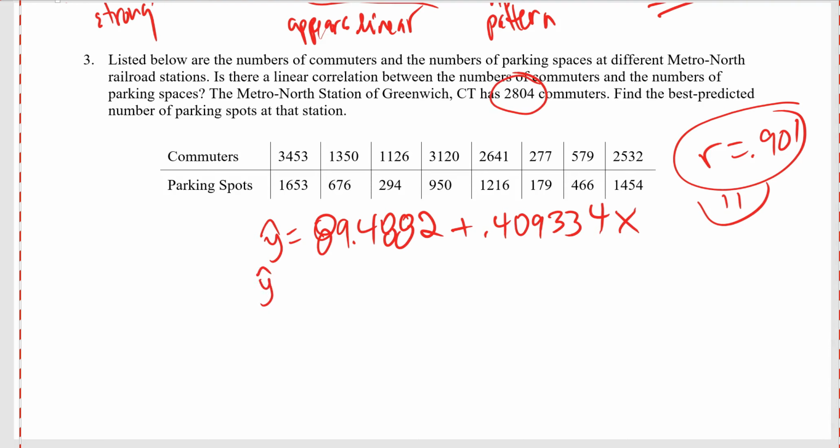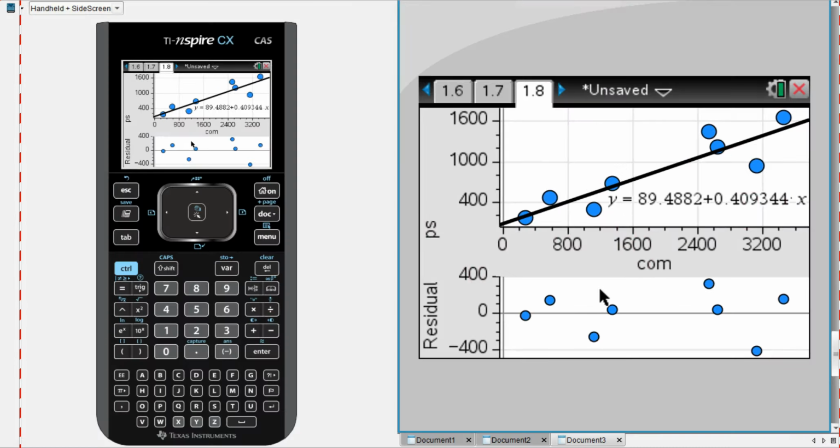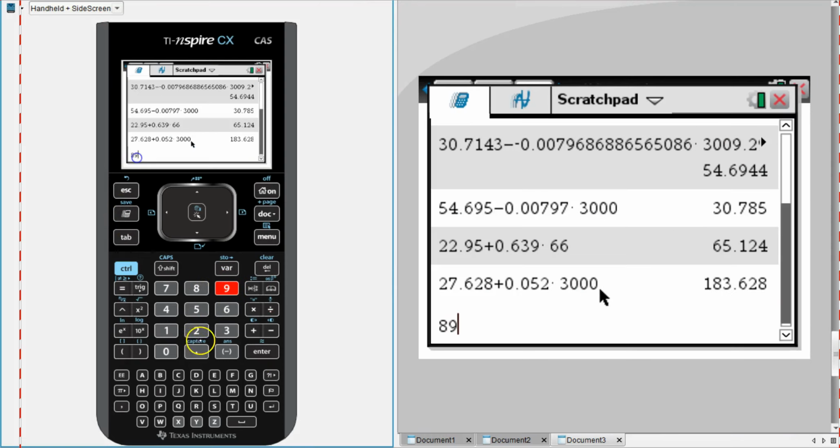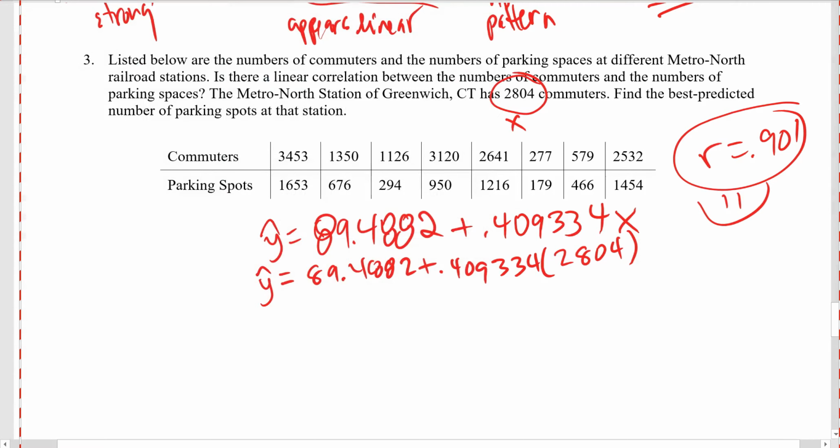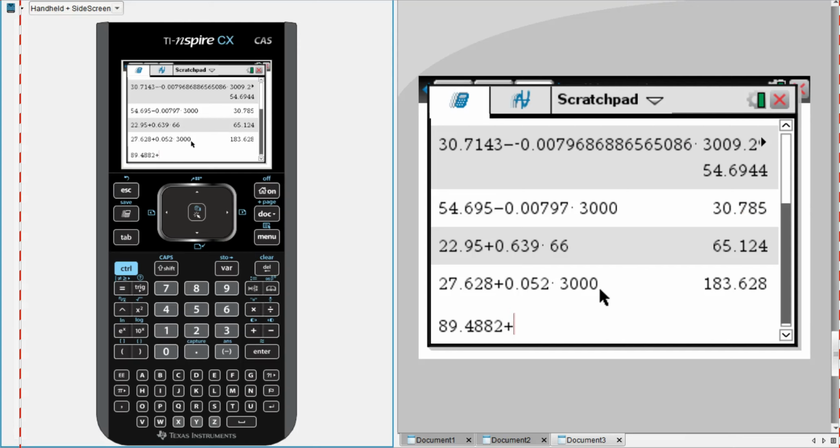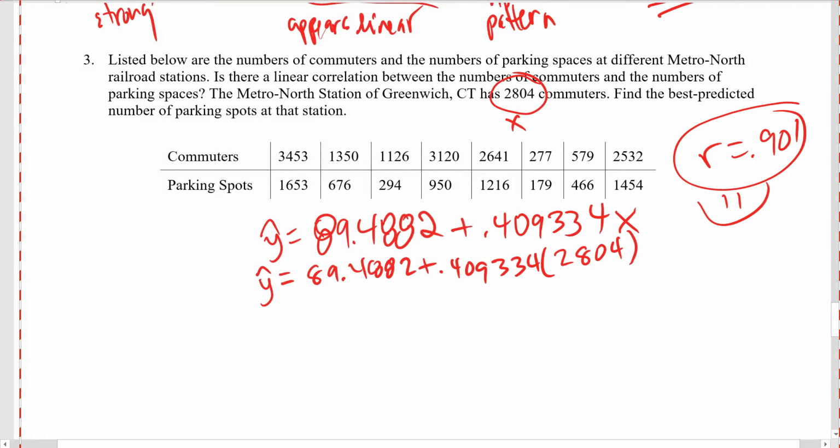Well, y hat is equal to 89.4882 plus 0.409334 times the x. 2,804 commuters. 89.4882 plus 0.409334 times how many commuters? About 2,804.